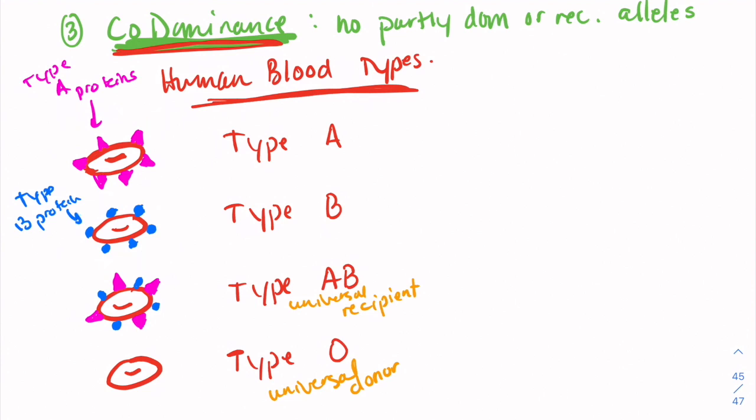All right, so clean this up a little bit. Here's the deal with type O blood. Type O blood, notice I didn't draw any type O blood down here. Down here, type O blood, this is what we're looking at right here. People with type O blood don't have O proteins. There is no such thing as an O protein. There is no O blood protein. Type O blood is just the absence of A proteins and the absence of B proteins.